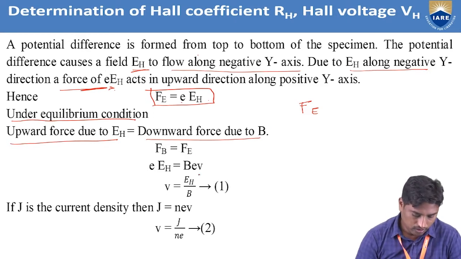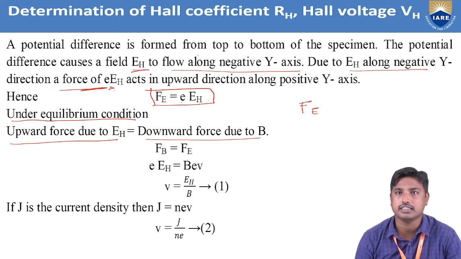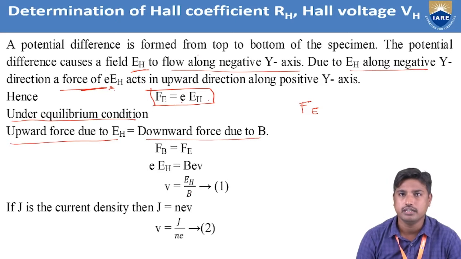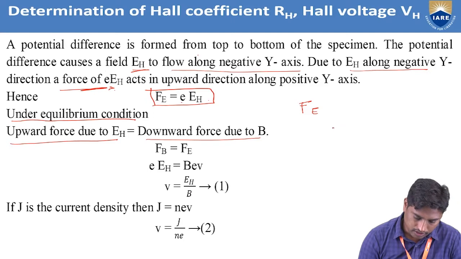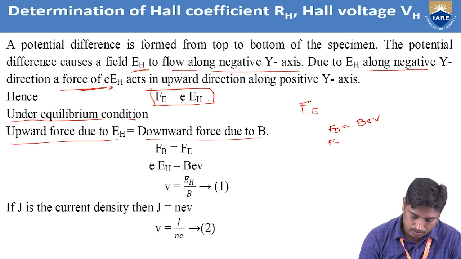By equating the two forces acting on the charge carriers inside the specimen, we get an equation. What is the equation for F_B? F_B equals B into e into v, the force due to the magnetic field, and the force due to the electric field equals e into E_H.